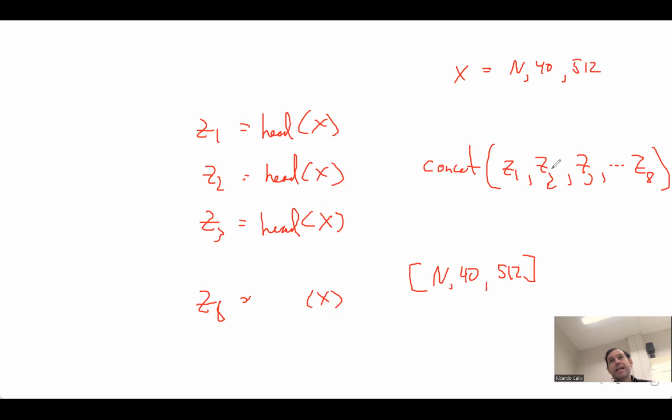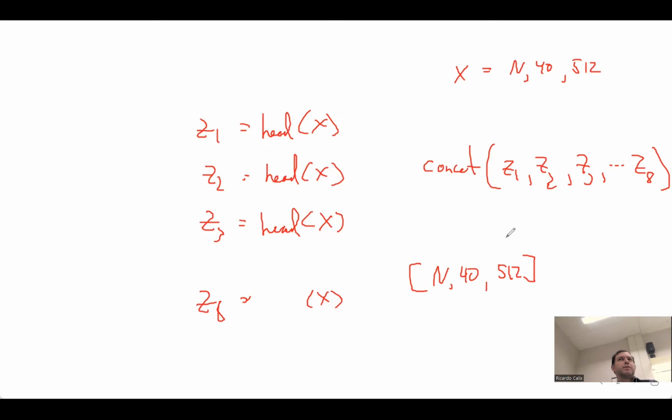If we're just concatenating these, they're all n by 40, right? You agree with that. So the only dimension that we can mess with is the 512 one. So 512 divided by 8 is what? Who can tell me? 512 divided by 8?